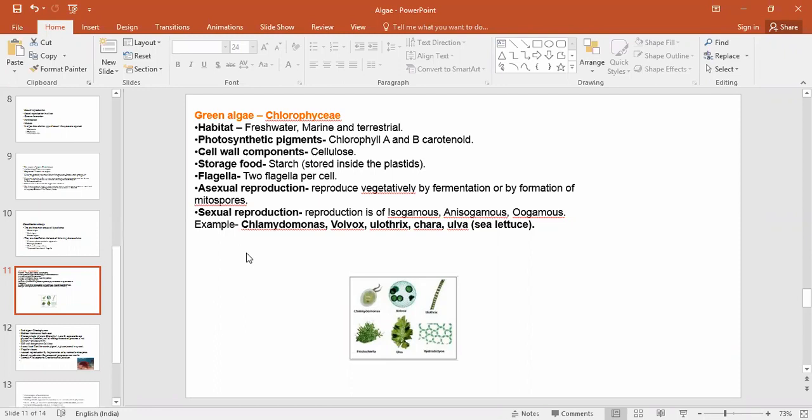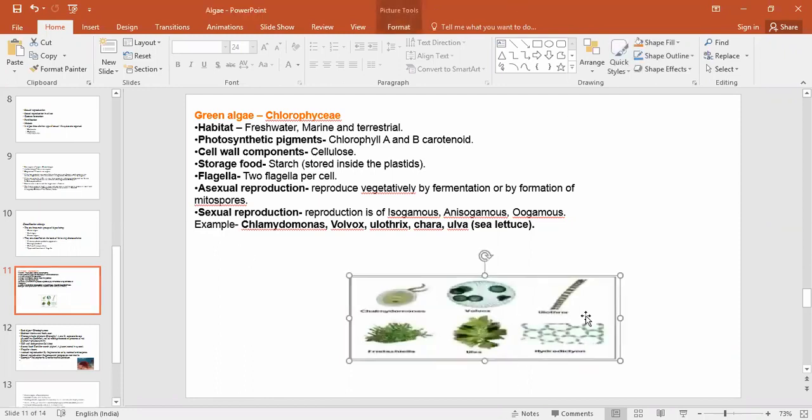Then photosynthetic pigment: the pigments present are chlorophyll A and B. Their cell wall component is cellulose. They store food in the form of starch, inside the plastids. They possess flagella, 2 flagella per cell.